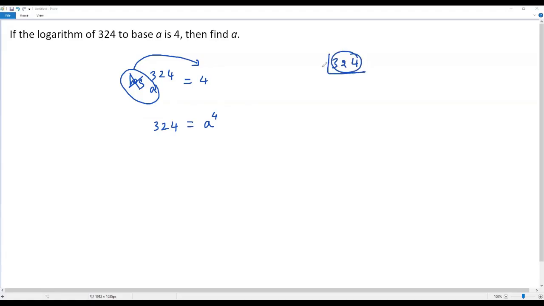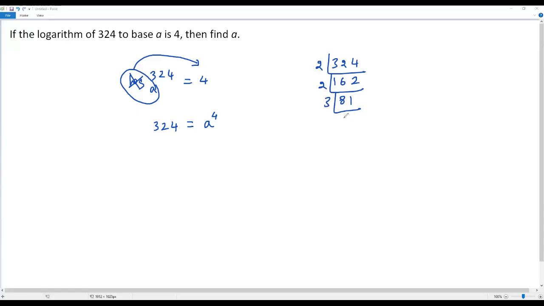Since it's an even number, we can divide it by 2. When I divide it by 2, I'm getting 162. Again, we are getting an even number. We can divide this one by 2. When I do so, I'm getting 81. So 81 is not an even number, but it's divisible by 3, because when I add the digits 8 and 1, I'm getting 9. 9 is a multiple of 3. So let me divide it by 3.